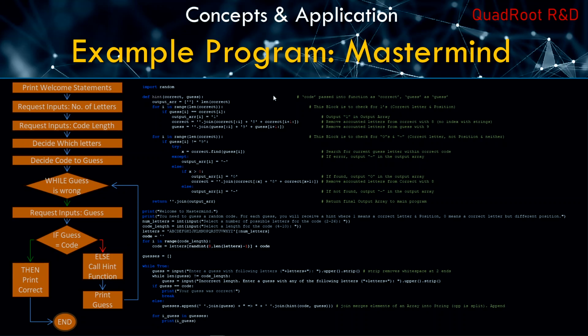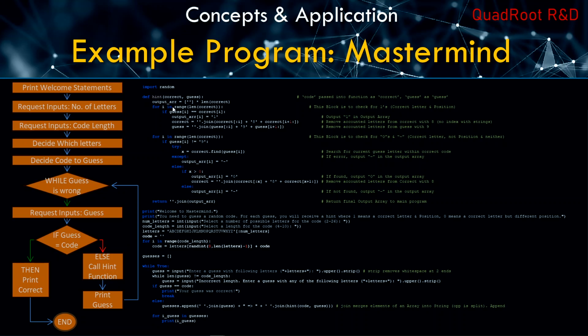So for that reason, we've not used the elif, because I've considered, let's do it separately. First, let's check for the ones which are the correct letter and position, and come out of that. Once we've done that, then we'll check for the correct letters but not position, or neither.